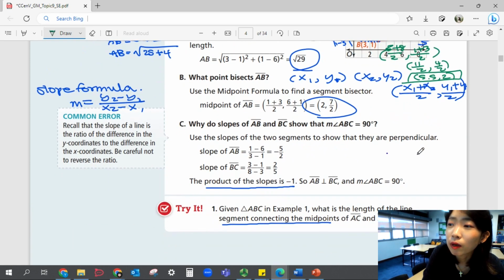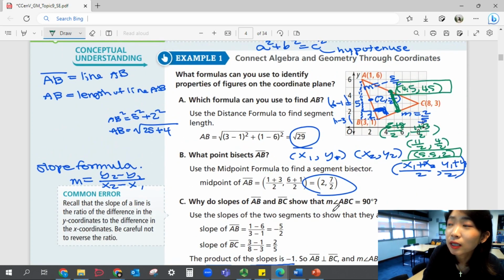And now we want to find the length of this segment between the midpoints, right? So how do you figure that out? You want to figure out the horizontal and the vertical distances. The differences between these 2 points for the x values and the y values are the horizontal and vertical side lengths of this right triangle right here, okay?